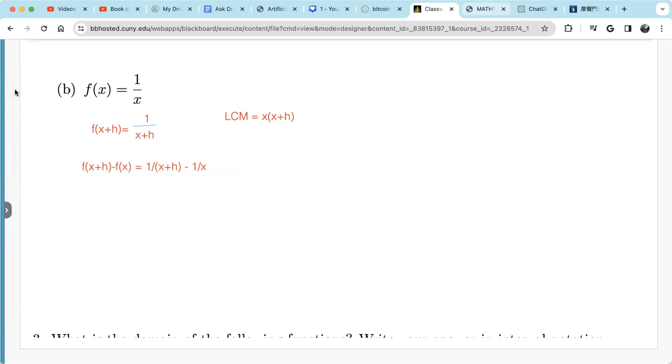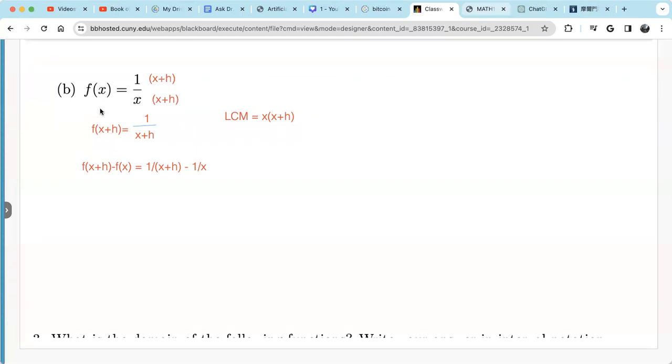So which means we want to multiply by 1 for each one. For this one, we want to multiply x plus h in the numerator and x plus h in the denominator.